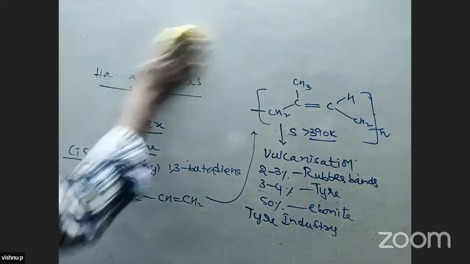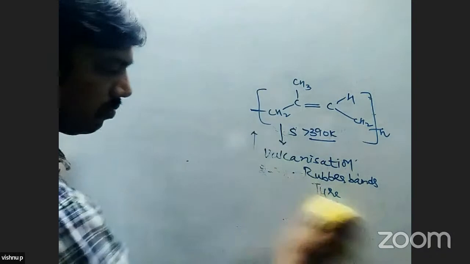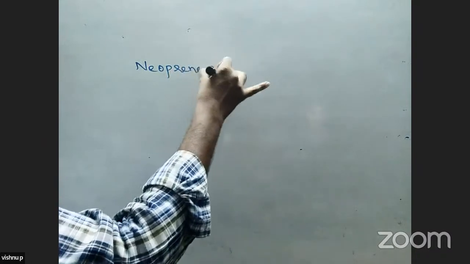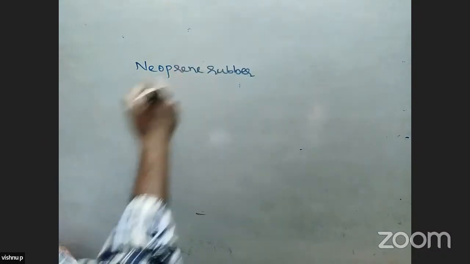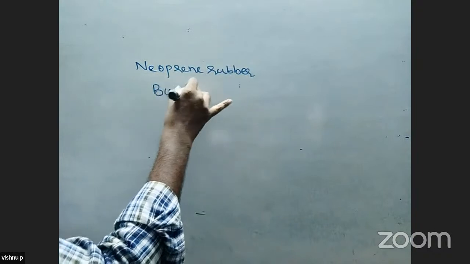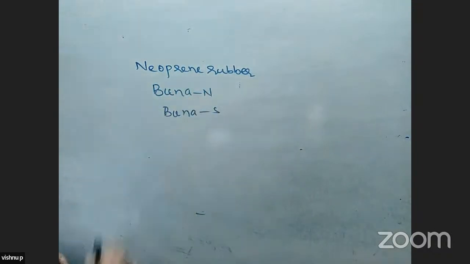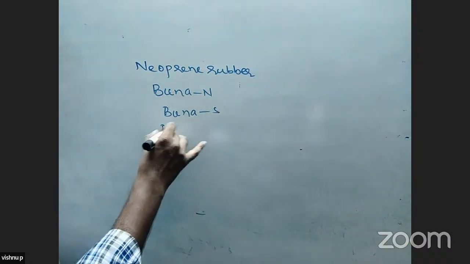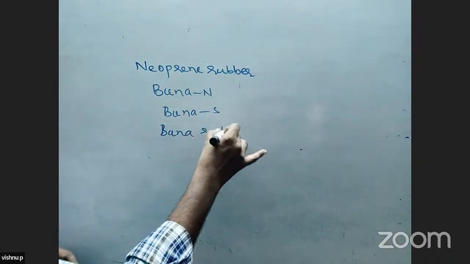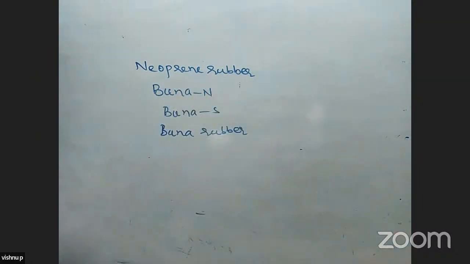Next is synthetic rubber. What is synthetic rubber? Examples are neoprene rubber, Buna N rubber, and Buna S rubber. These are examples of synthetic rubbers.